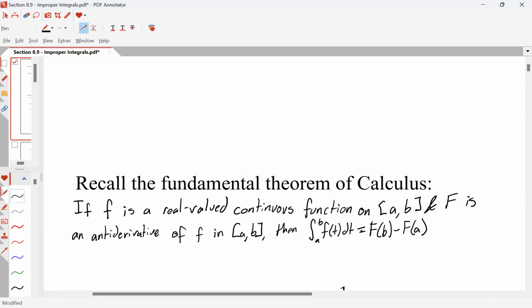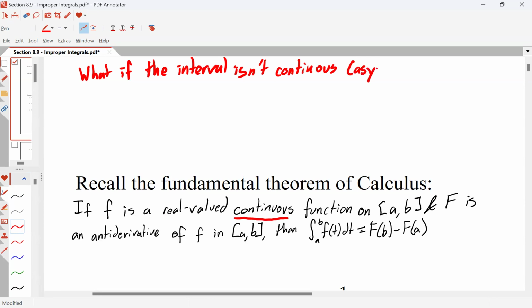Improper integrals ask the question, what if a couple of things of these are changed? What if the function isn't continuous?